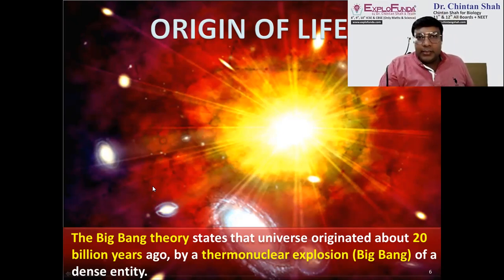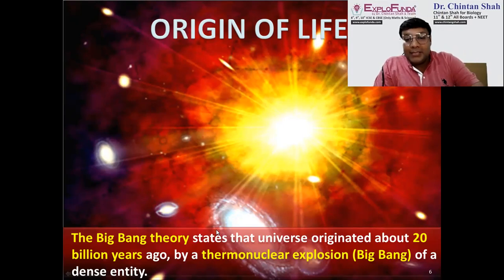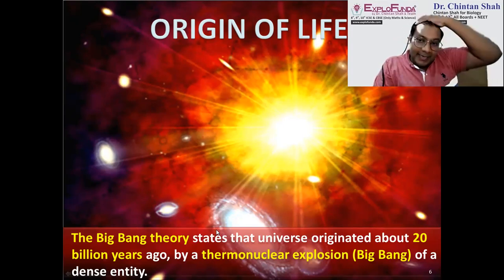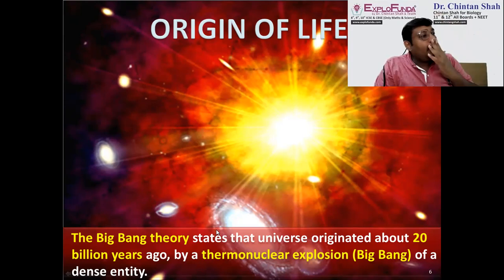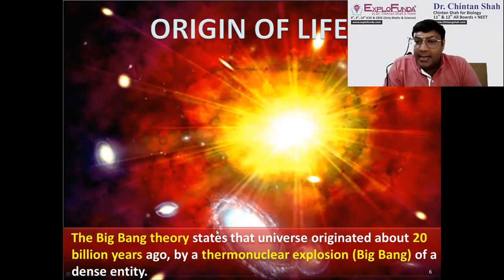It's known as the Big Bang theory. So what does the Big Bang theory state? It states that all of a sudden a very big explosion took place in the universe. So that was the pieces of the sun.